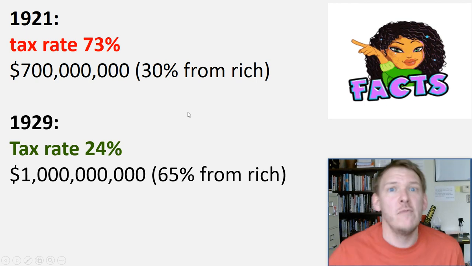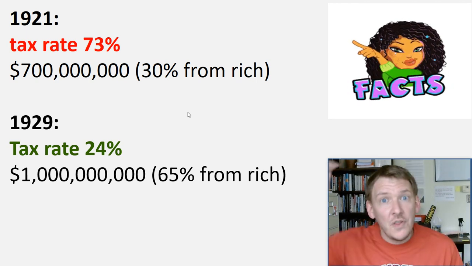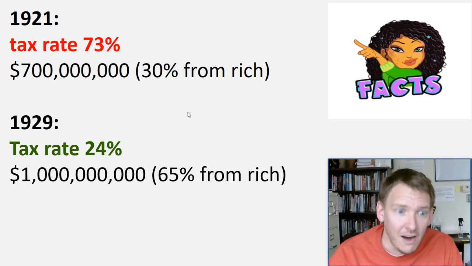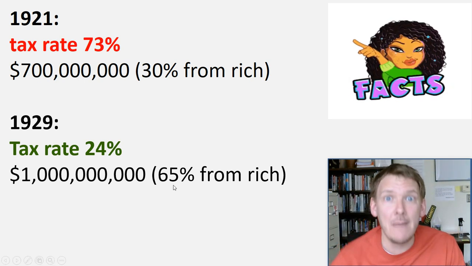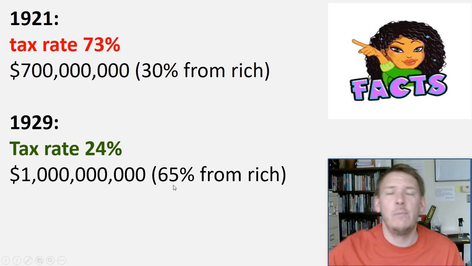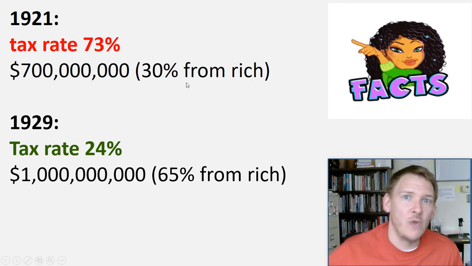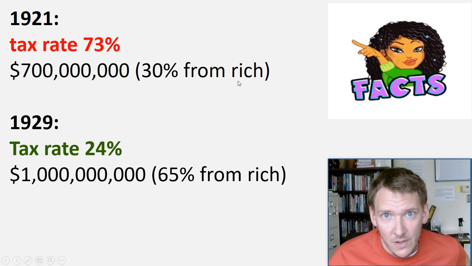And not only does government revenue increase with a lower tax rate, but the portion of the revenue is now being paid by the rich. And we're saying people over $100,000 here. So before, when the rate was low, less revenue and less coming from the rich.